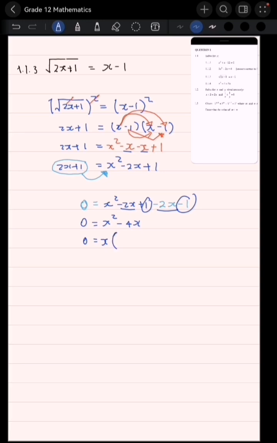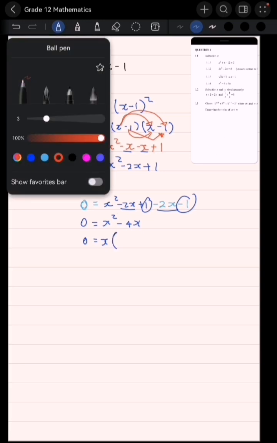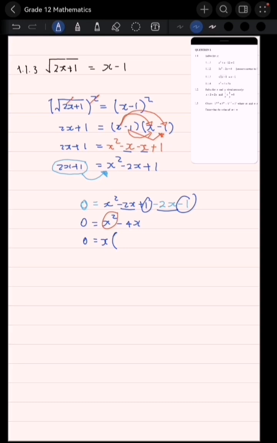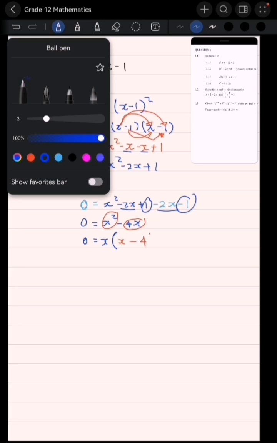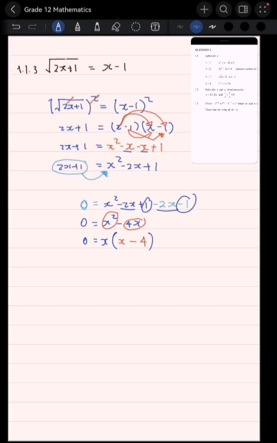When we take out x as a common factor on the variable, what are we left with? Only x. Minus, when we take out x on this number, what are we left with? 4. And that's how we take out a common factor in mathematics.